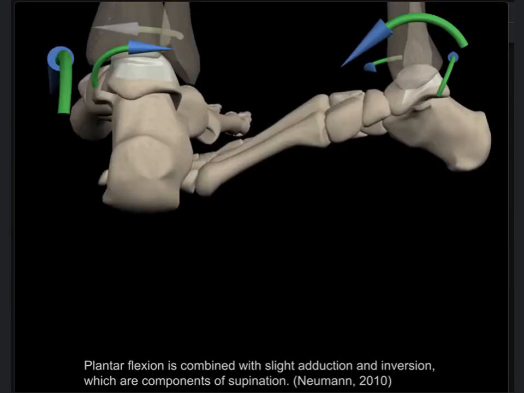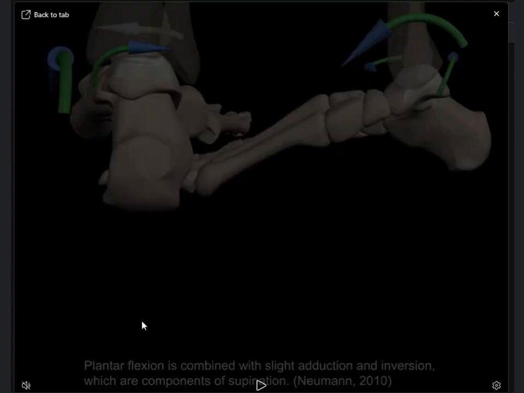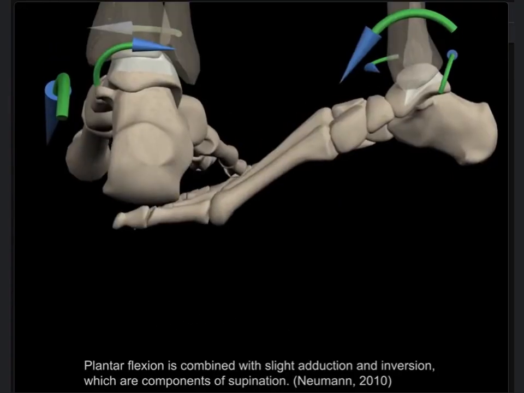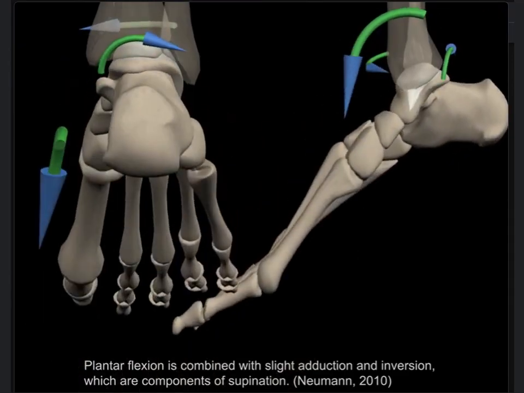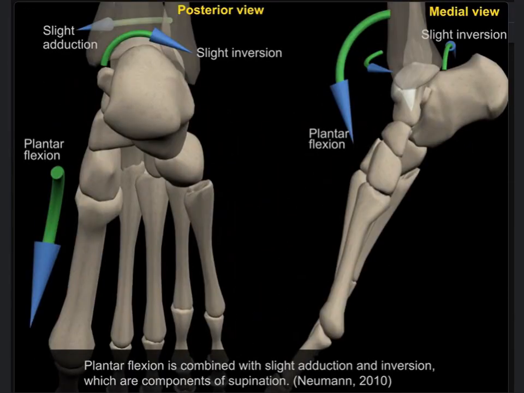When we look at the movement or the anatomy of the ankle joint itself, oftentimes you can see this movement with their plantar flexion, dorsiflexion activities. There is some natural slight inversion to the ankle itself.